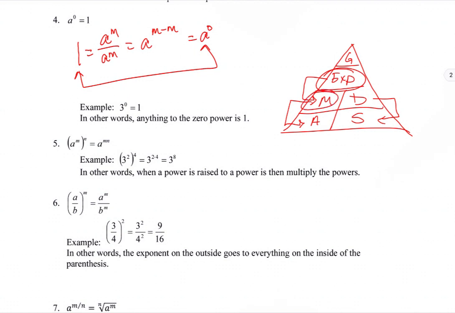So if I have something raised to a power, then I'm going to multiply because I'm going to go down a step in my pyramid. So if I have an exponent raised to an exponent, then I'm going to multiply. If I have multiplication, then I'm going to go down, and that's addition. If I have division, I'm going to go down, and that's subtraction. And that's why we layer our pyramid the way we do.